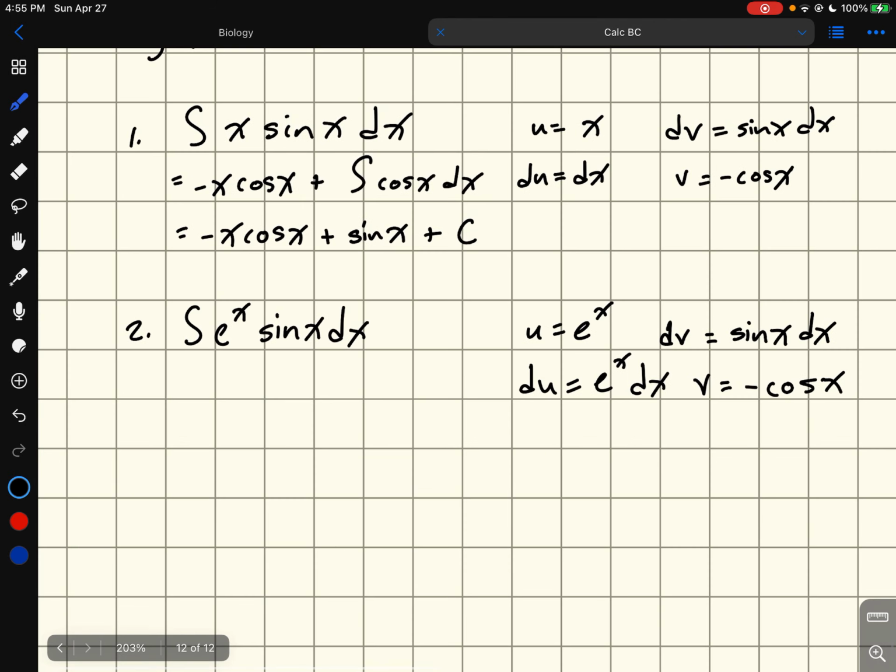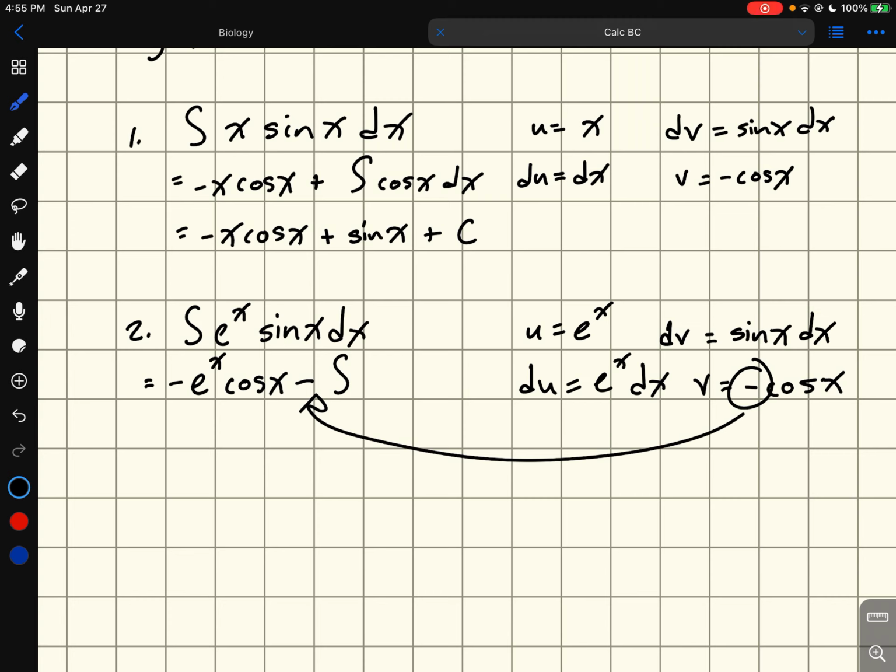And then we fill in our thing here, just seeing what happens. So we have uv, negative e to the x cosine x, minus the integral of v du. So this minus, I'm going to move in front of the integral, so it becomes a positive, and then cosine e to the x dx.